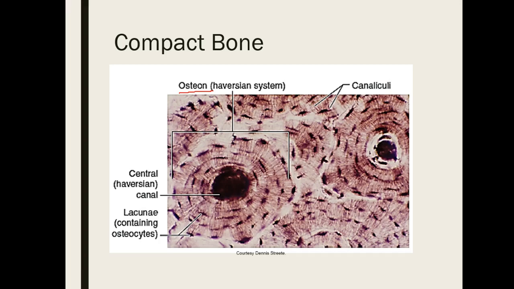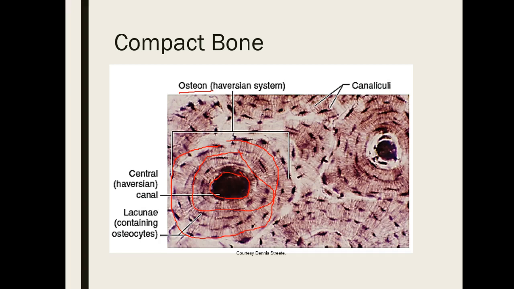So the concentric lamella are the rings of calcified matrix. So these rings here that kind of look like the rings of a tree are going to be the concentric lamella. And then in the middle here, we have the central canal, or the Haversian canal, which just contains blood vessels.